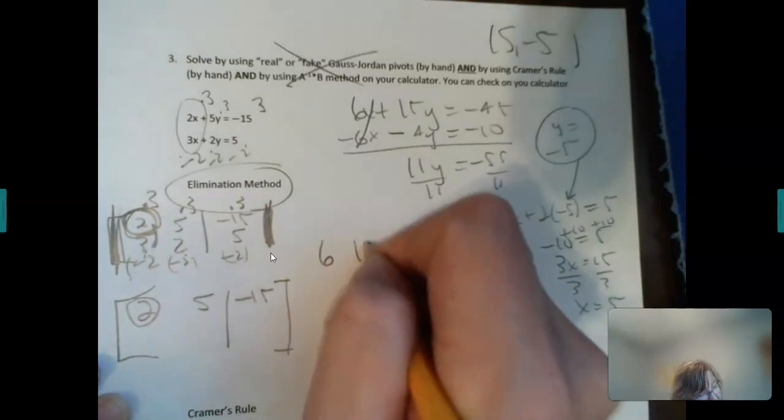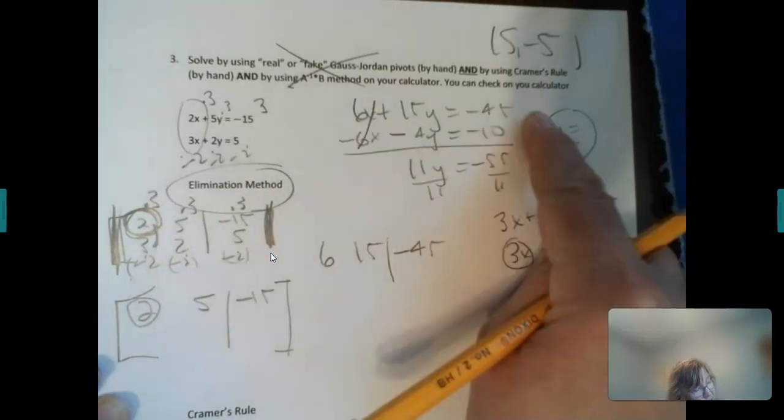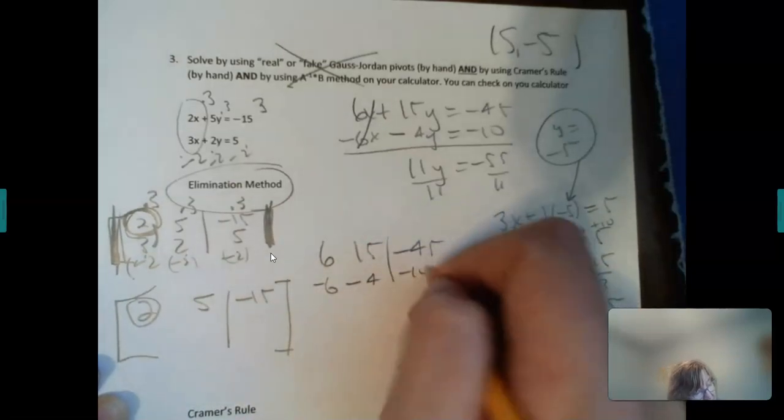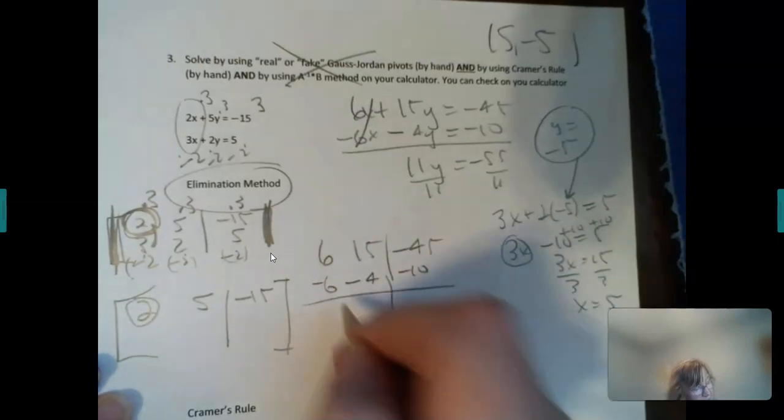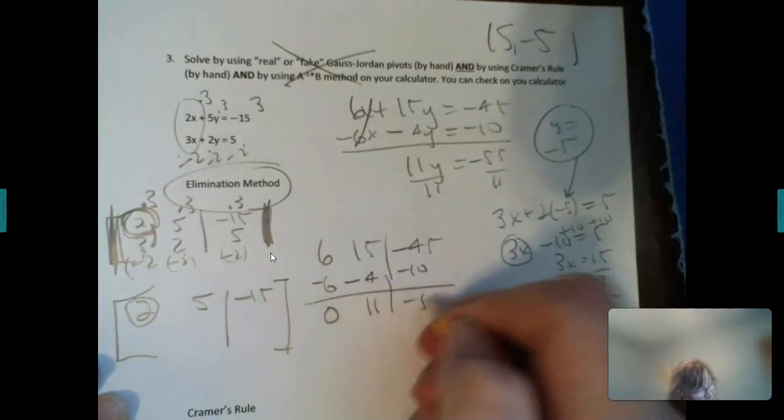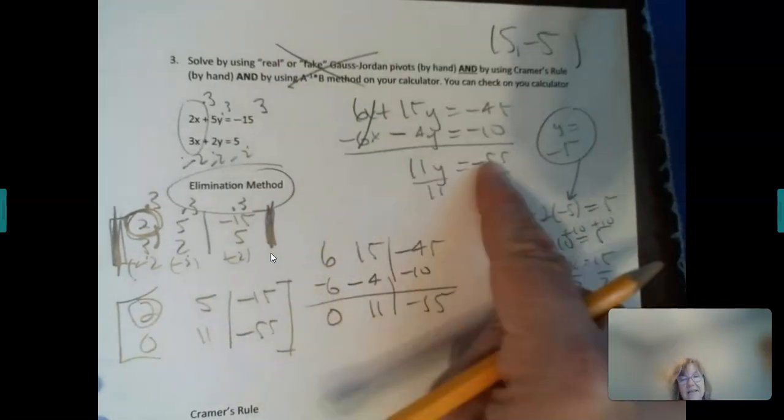So I have 6, 15, -45. See how that's exactly the same? Down here, I get -6, -4, -10, exactly the same. It's just you don't write the x's and the y's. That's it. Don't make it hard. 0, 11, -55. See how that's exactly the same?